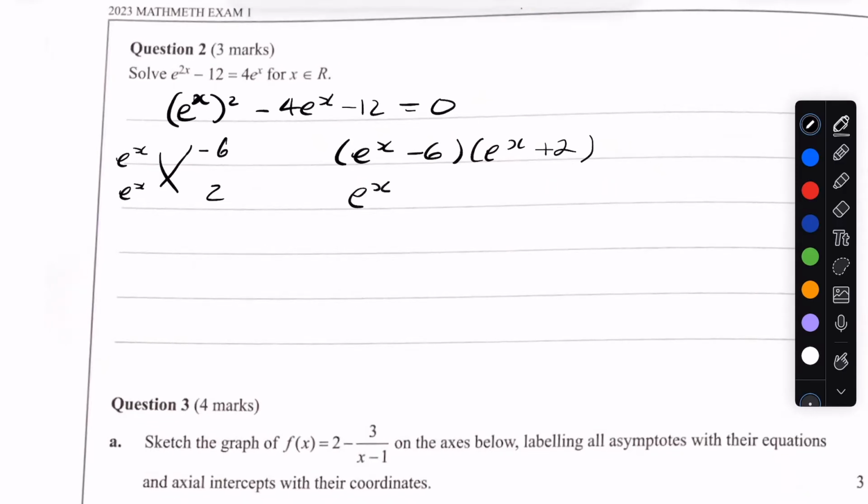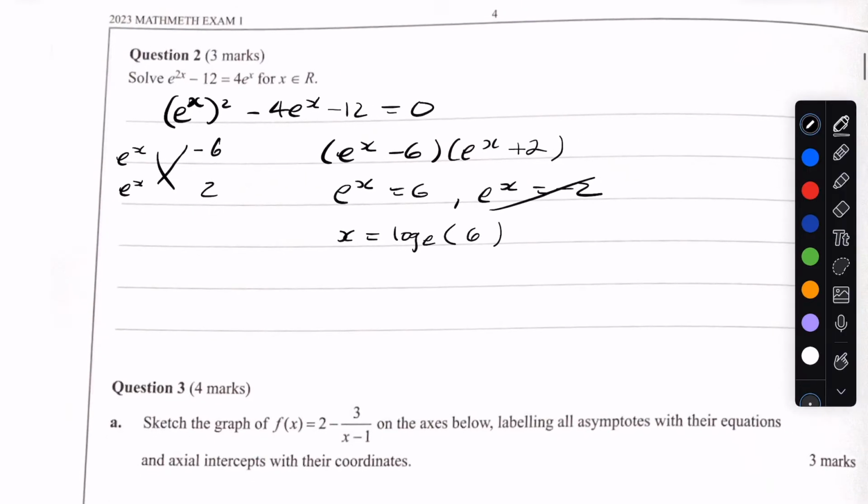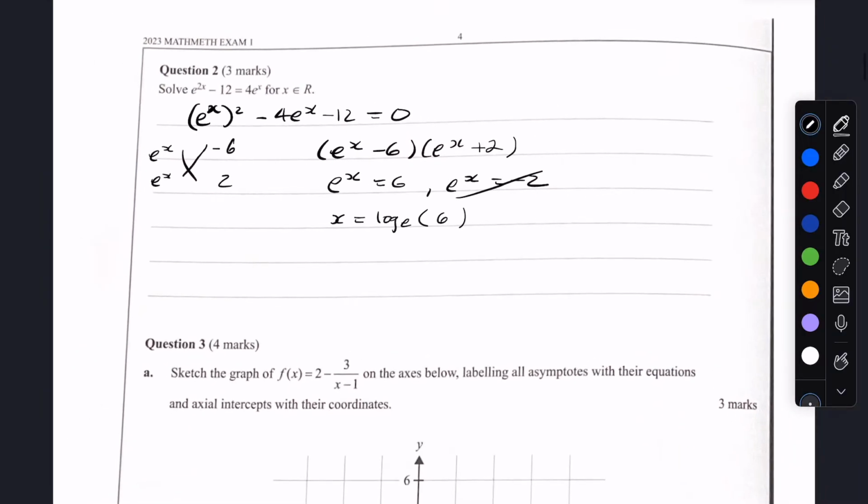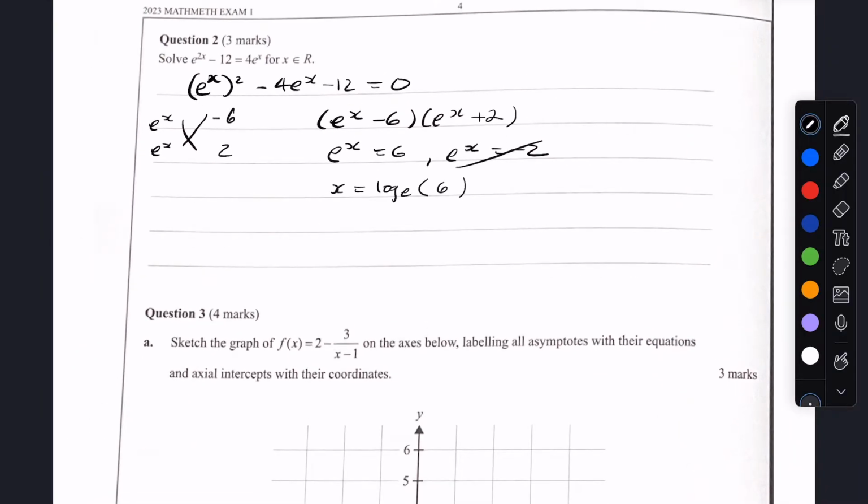That means e to the x is equal to 6, or e to the x is equal to negative 2. That means x is equal to log base e of 6, and this one is rejected. Alright, so they gave this one 3 marks, which I think should have been less, but that's okay.